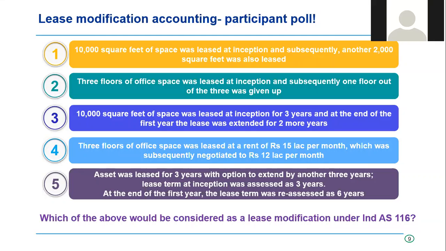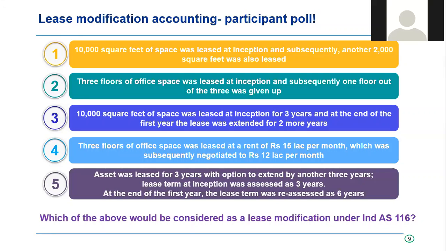The third example says 10,000 square feet of space was leased at inception for 3 years. At the end of the first year, the lease was extended by 2 more years. Now, presumably there was no extension clause when the agreement began, in which case, this, friends, is also an example of a modification of a lease.